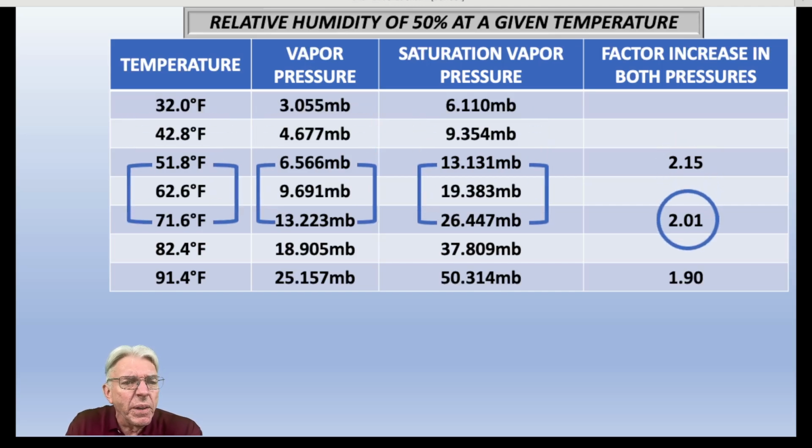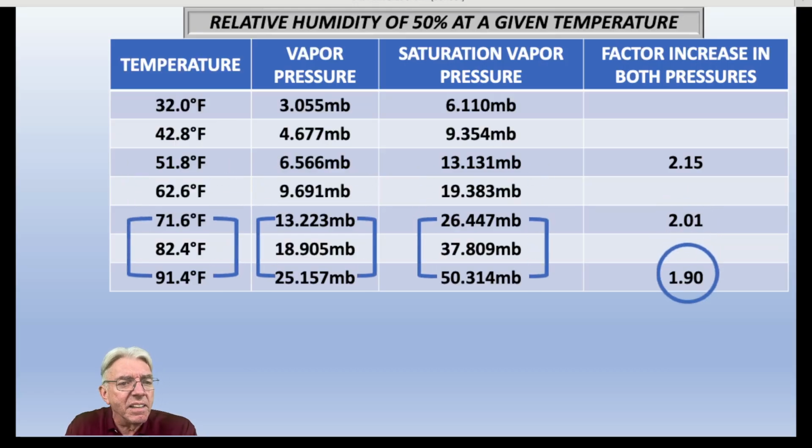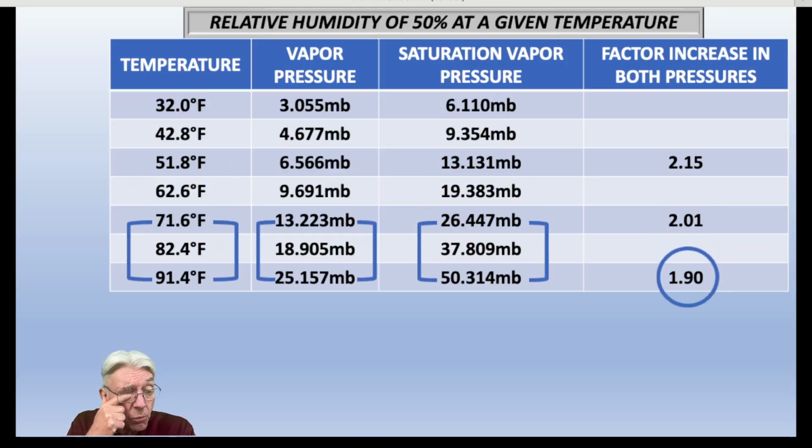Then, if we go from 51.8 to 71.6, which again is almost a 20-degree increase, we increase the amount of water vapor in the atmosphere and the saturation vapor pressure as well by a factor of 2.01. And then if we do it again from 71.6 to 91.4, we increase it by a factor of 1.9.